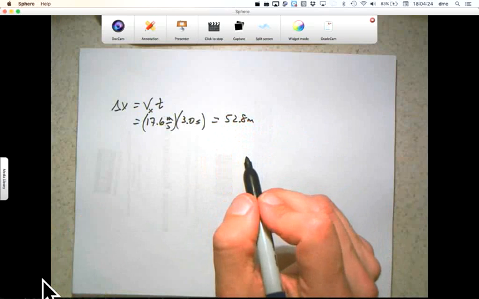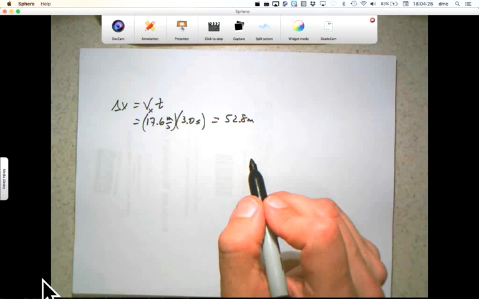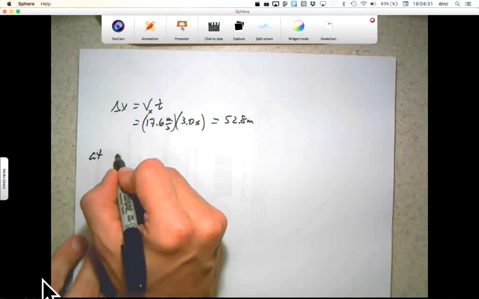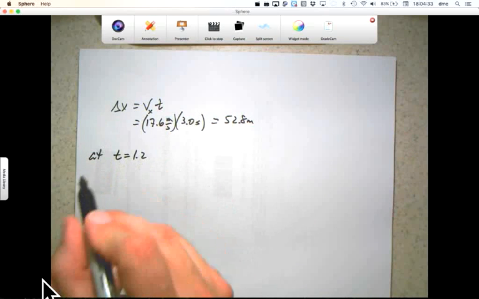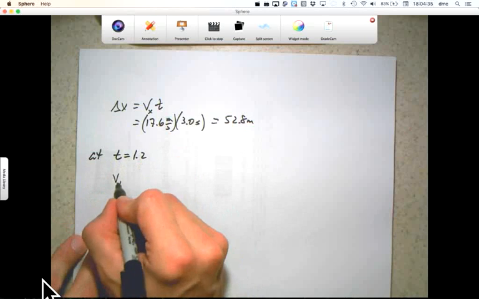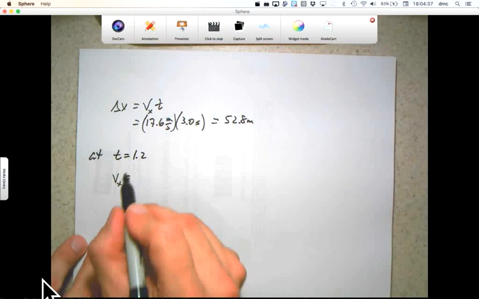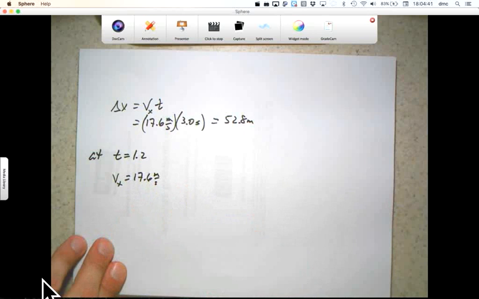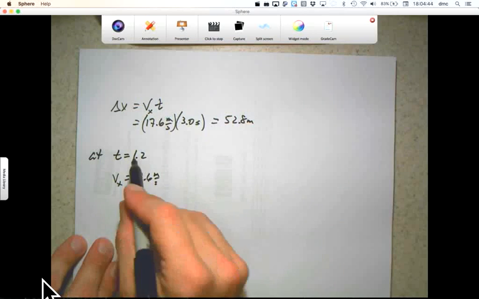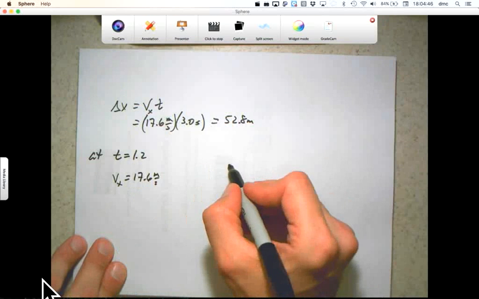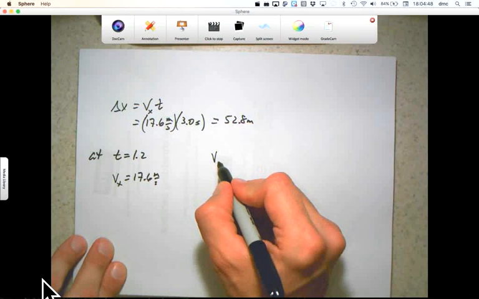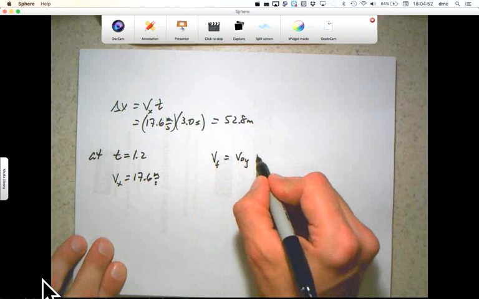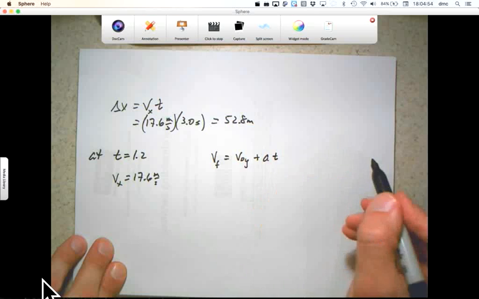And the ball's velocity at time t equal 1.2. All right. So at t equal 1.2, I know that the x component is the constant 17.6 meters per second. What I need to find out is what's the y velocity at time 1.2. So I'm going to use the equation final velocity in the y direction equals the initial velocity in the y direction plus the acceleration times the time.